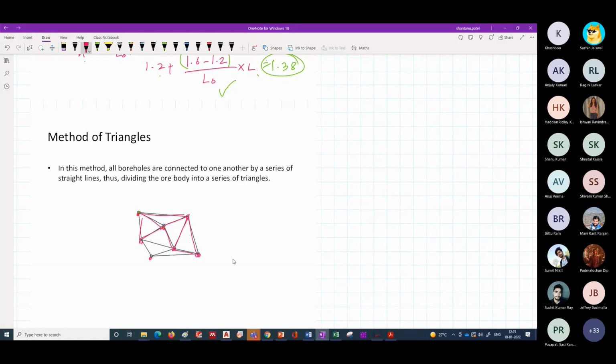So in this case, you can also join this point with this point, right? Can you do it like that? The green one. And join this with this one.